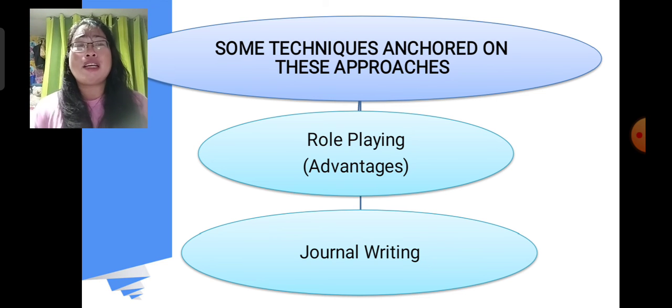The second one is role playing. Role playing is a learning technique that allows students to immediately apply content as they are put in the role of a decision maker who must make a decision regarding a policy, resource allocation, or some other outcome.